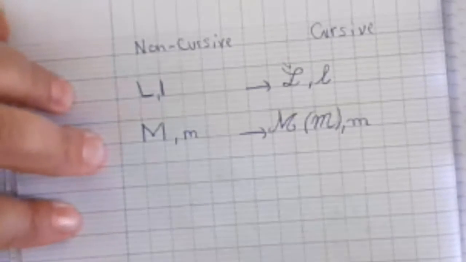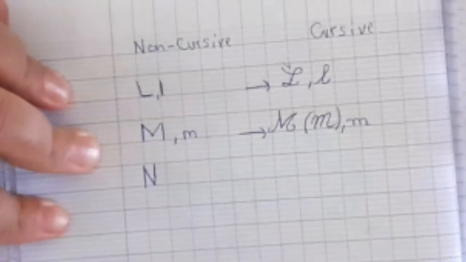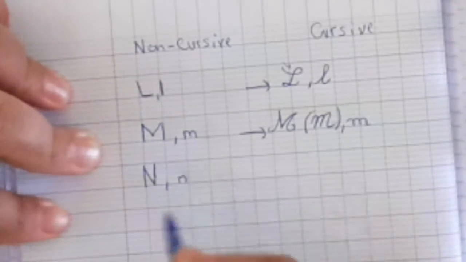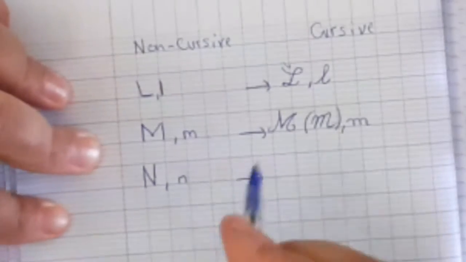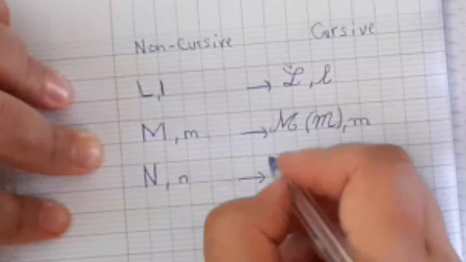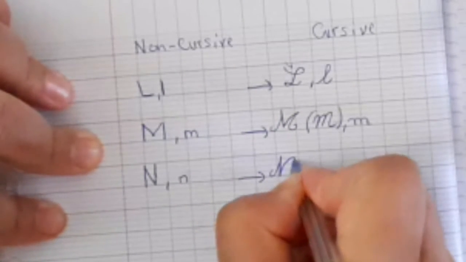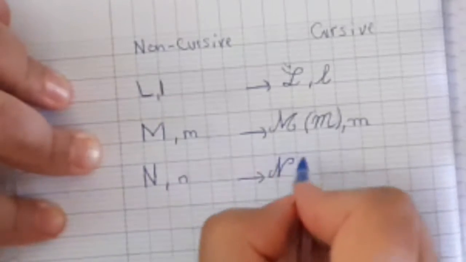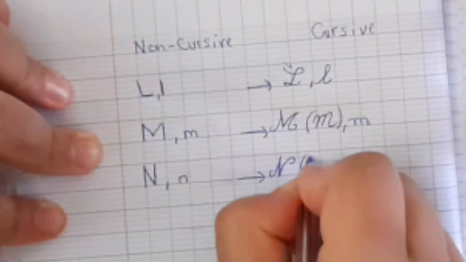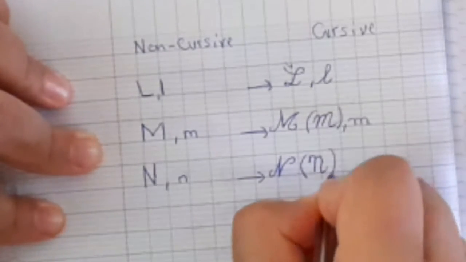Now we move to N. N is written like that. N. And in non-cursive, and in cursive form, it is written like that. Okay? Or some other people write it like that.